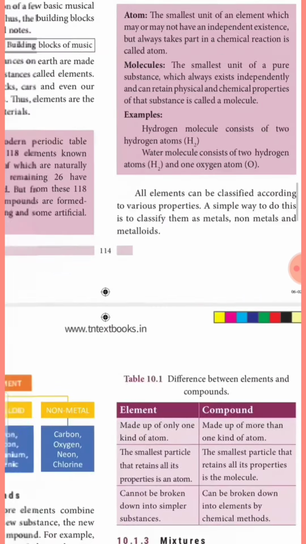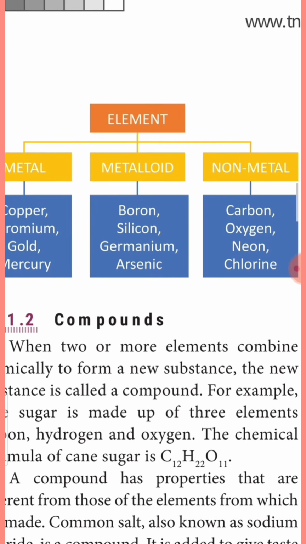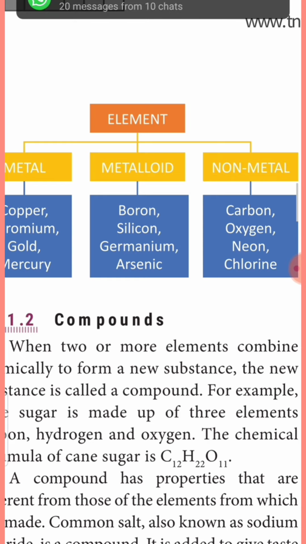Examples are given in your textbook. Copper, chromium, gold, mercury are examples of metals, and boron, silicon, germanium, arsenic are examples of metalloids. Carbon, oxygen, neon, chlorine are examples of non-metals.